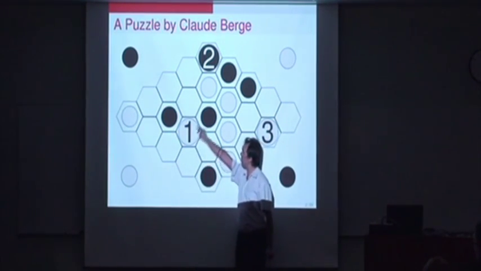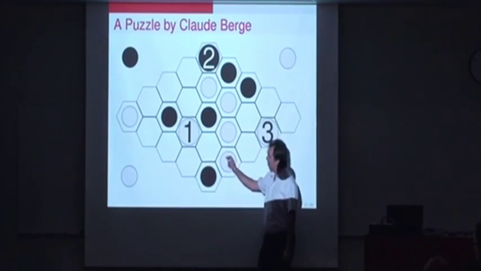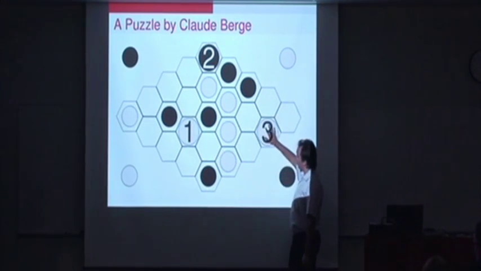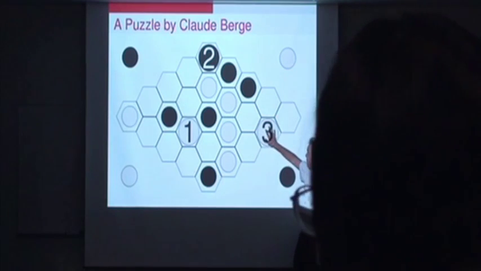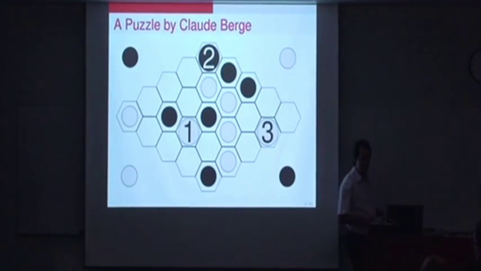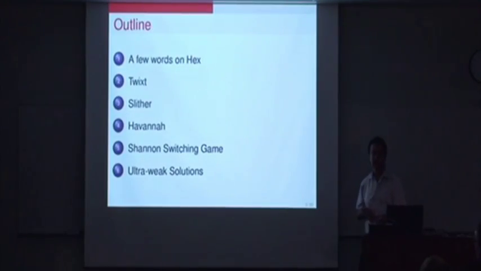This stone is connected to the group through this and that possibility. The group is connected to 3 via this or that. 3 is connected to this group, and because they're all connected together, White can ensure winning the game after some filling moves. Okay, so this was Hex.